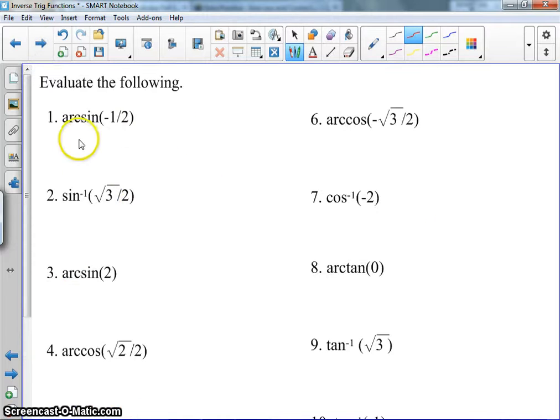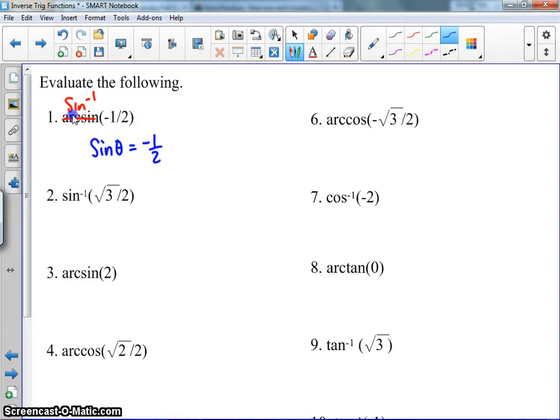They could either ask you to find the arc sine or the sine inverse. Now, arc sine, sine inverse, these are the exact same thing. So this is really just saying, what is the sine inverse of negative 1/2? And whenever they ask you for the sine inverse, I like to rewrite my problem. This is saying, at what angle does the sine equal negative 1/2?